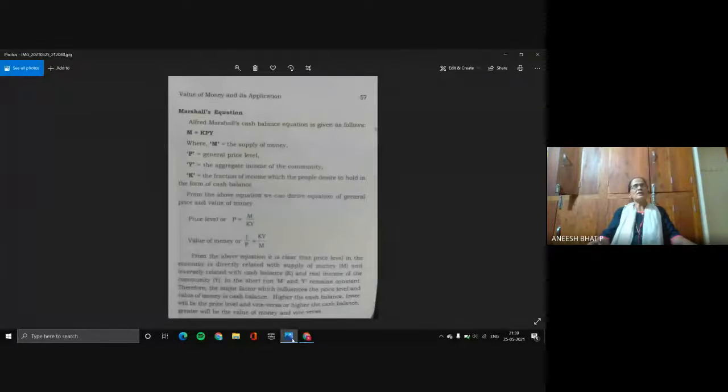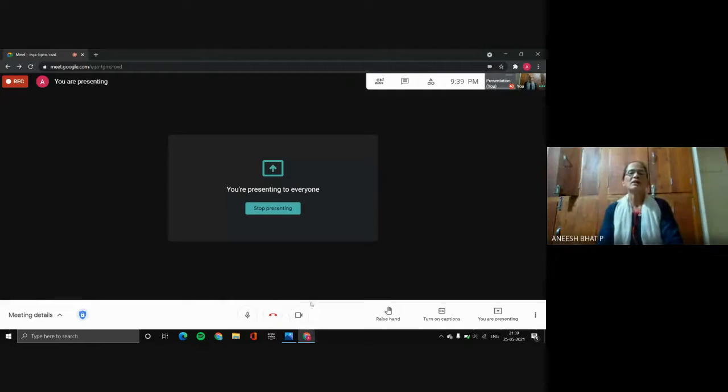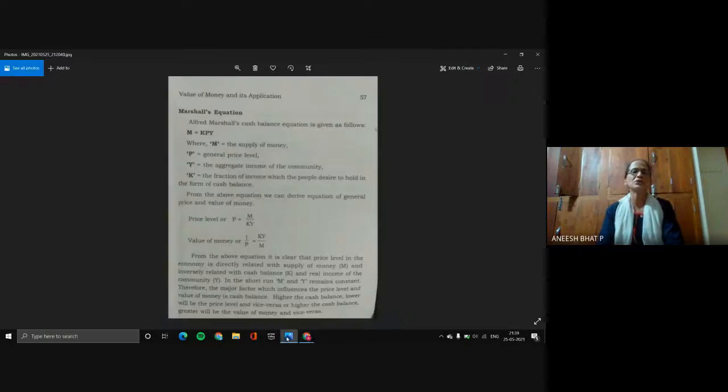He belonged to the Cambridge School of Economics. He studied in Cambridge and later became a professor there itself. So this is Professor Marshall's Cambridge equation.